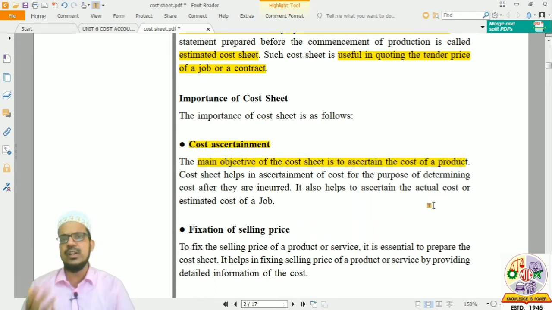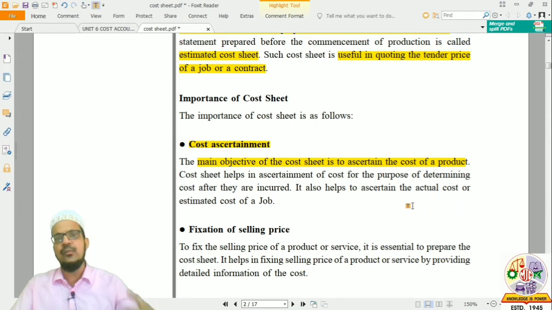Now, why would you need to find out the cost of a product? See, unless and until you know the cost of the product, you cannot go further, you cannot quote the selling price of the product.